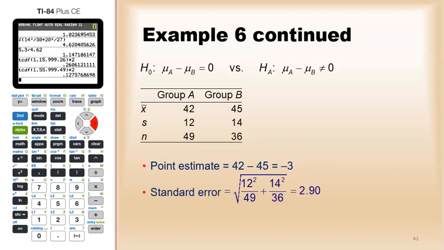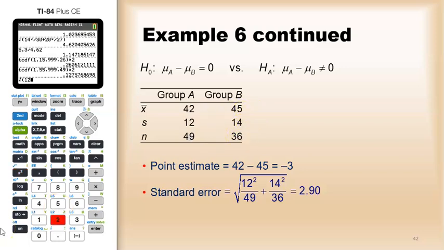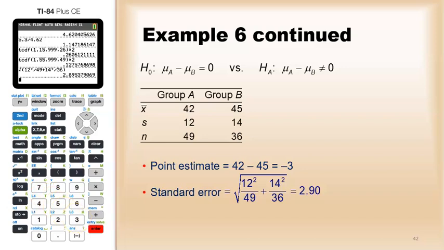The standard error, square root, so again, square root of the first standard deviation, so this 12 here, squared over 49, plus 14 squared over 36. So 12 squared over 49 plus 14 squared over 36. So I get a standard error of 2.895, so about 2.90.